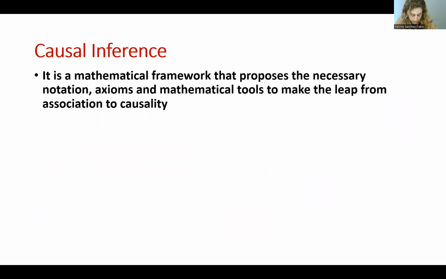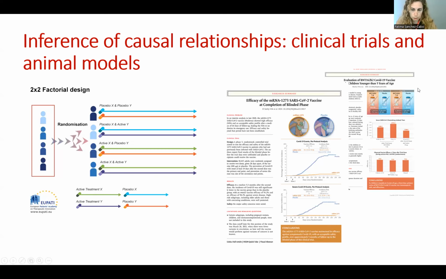However, of course, more and more data is accumulating in observational studies. And also, for example, here I put two examples of the clinical trials of COVID. With this experience, we have seen that the timeline that a clinical trial requires is not something that we can assume in certain situations, like COVID.